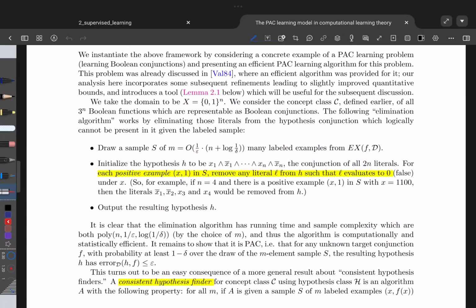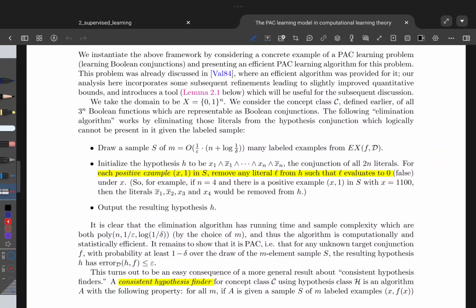All right. So let's look at this specific concept class, which is learning Boolean conjunctions. All right. So the AND of some subset of the variables. And here is one particular algorithm that works very well, and it's a natural algorithm to consider.